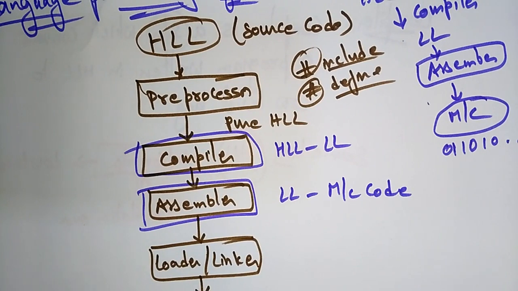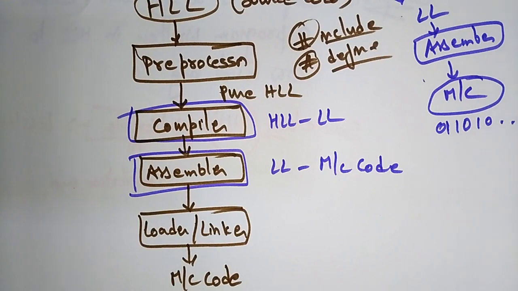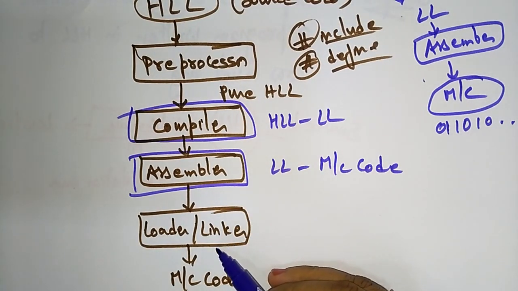And what about the loader and the linker? The loader and linker are used so that the program can be loaded at any point and run. All the library functions will be loaded and linked to your program, and finally you will get the machine code. The assembler and loader or linker produce relocatable machine code.